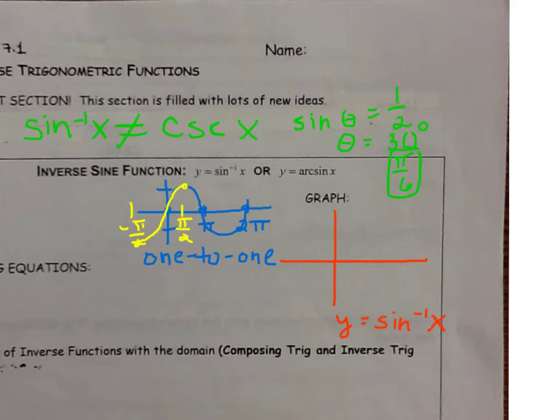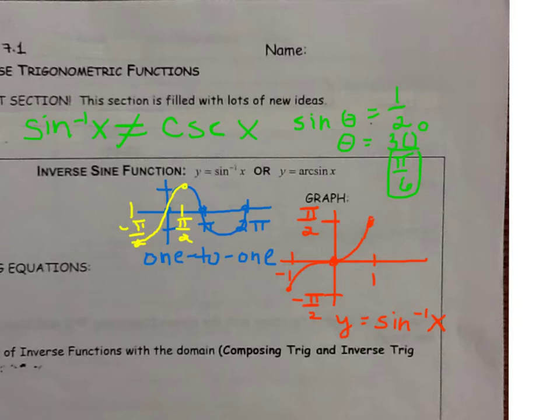Now, the yellow part on the sine curve, on the x-axis, that's going to become our y-axis. So the pi's are now going to be on the y-axis. And then it makes sense that the 1 and the negative 1 will then be on the x-axis. So we're switching the x and y's, switching domain and range, and then I'm going to get this red curve in here.